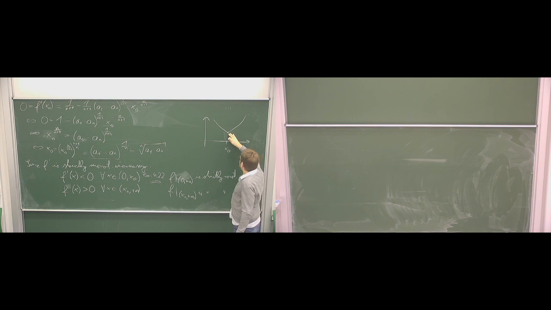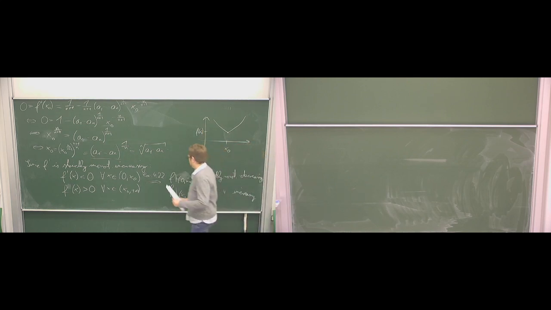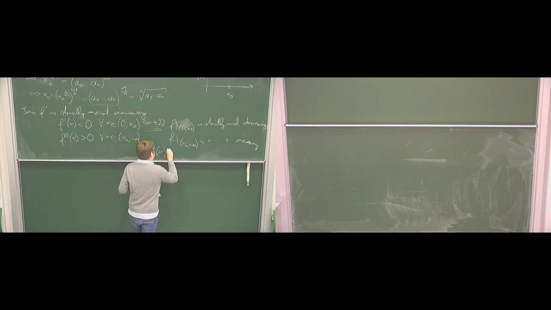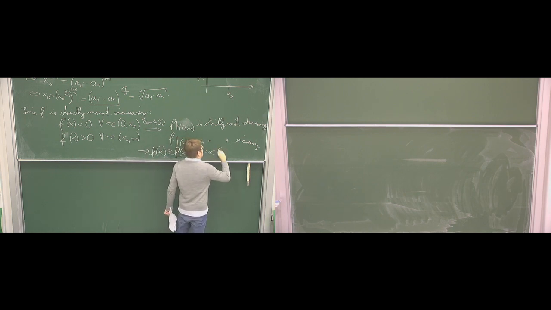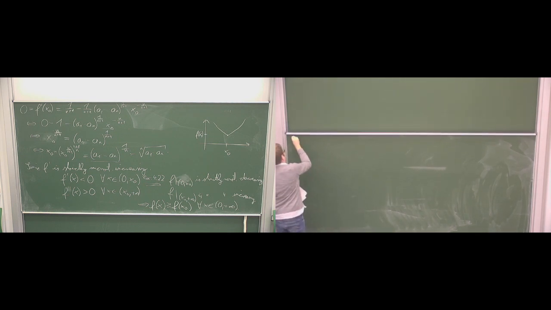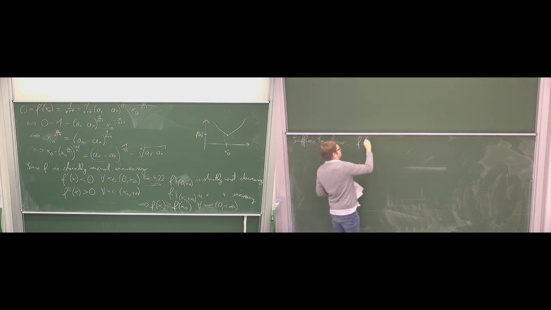But we can infer that this value f of x0 is really the minimum of the function. So from these properties, we get that f of x is bigger than or equal to f of x0 for all x in 0 to plus infinity. So with this observation, it suffices to prove our inequality, that f of x0 is bigger than or equal to 0.